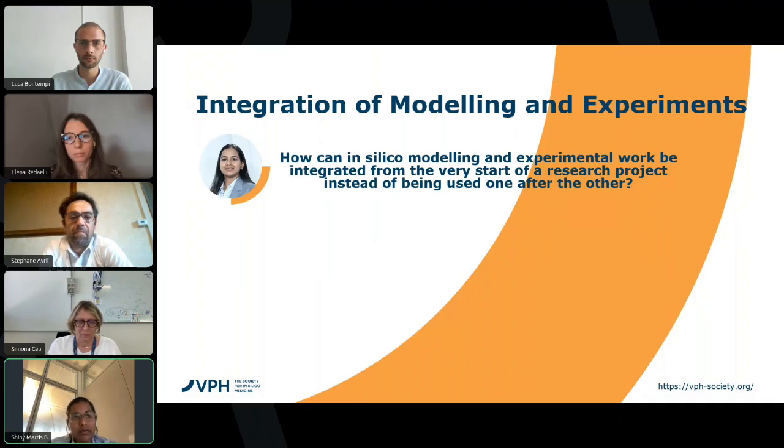That is, when you are creating a project, may that be at the stage of proposal writing or formalization of the project, to see if there is some methodology that can be used to optimize the whole course of research work. It could be designing experiments to feed into the model, or vice versa, designing the model to get predictions so that you can set up your experiments better.